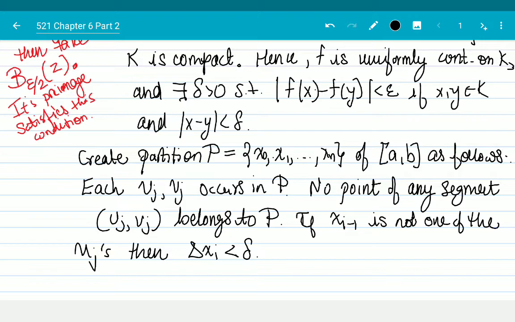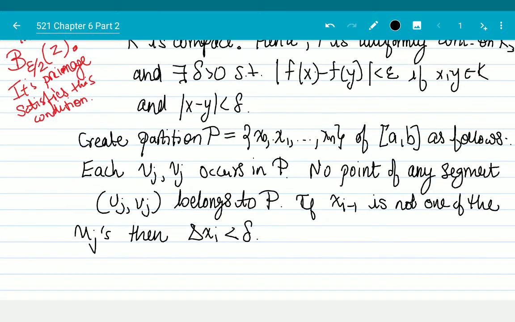Okay, why am I doing this? Because if I take a point xi, I want to make sure x_{i-1} to xi is completely in K, in which case, if delta xi is smaller than delta, the maximum spread of f in that is going to be less than epsilon, right? Note, capital Mi minus small mi is smaller than or equal to 2M for every i.